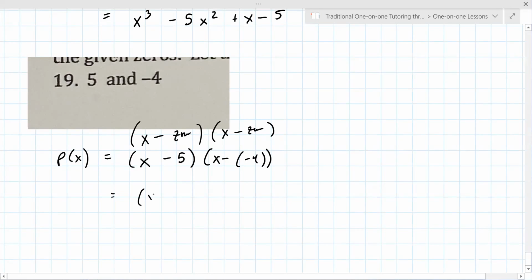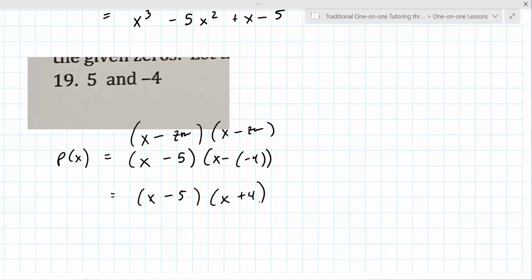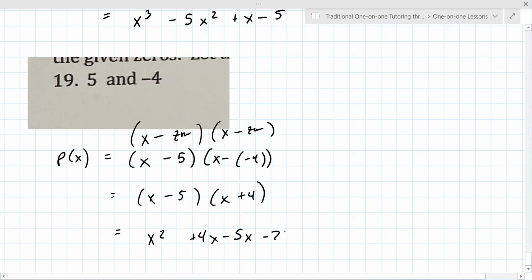So this becomes x minus 5 times x plus 4. So now we're just going to FOIL. So that's x squared plus 4x minus 5x minus 20. So that's x squared minus x minus 20.